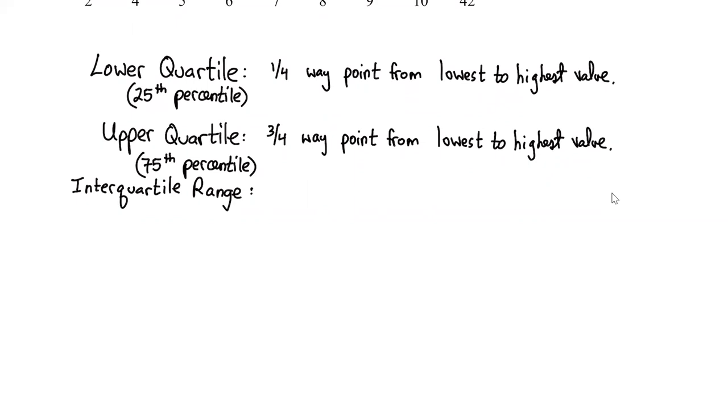It's the difference between the upper quartile and the lower quartile. So it's UQ minus LQ. So it is the distance from your lower quartile to your upper quartile.